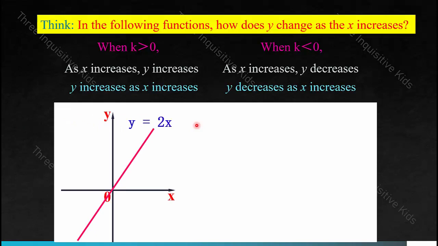So for example, y is 2x would roughly look like this on the coordinate plane, where this is 1, that right here, and 2. So this first coordinate pair is (1, 2).